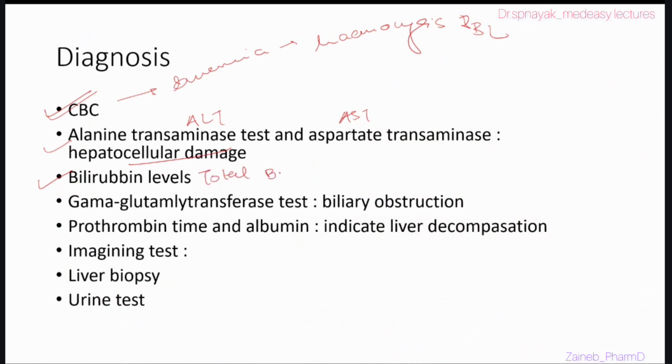In the total bilirubin level, we have two types: unconjugated, as discussed, and conjugated.